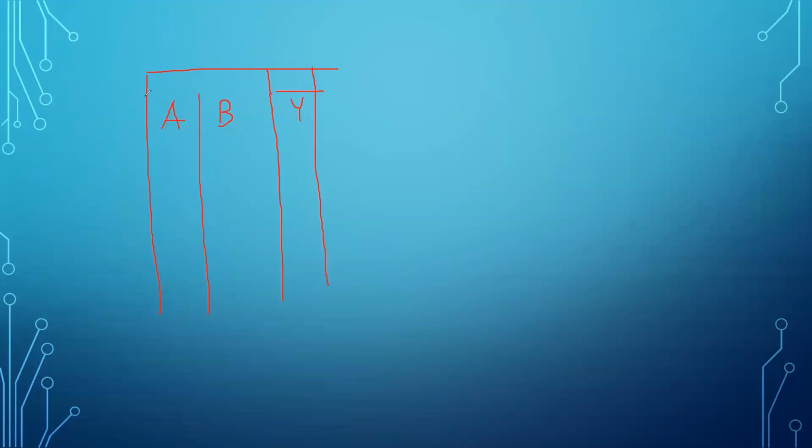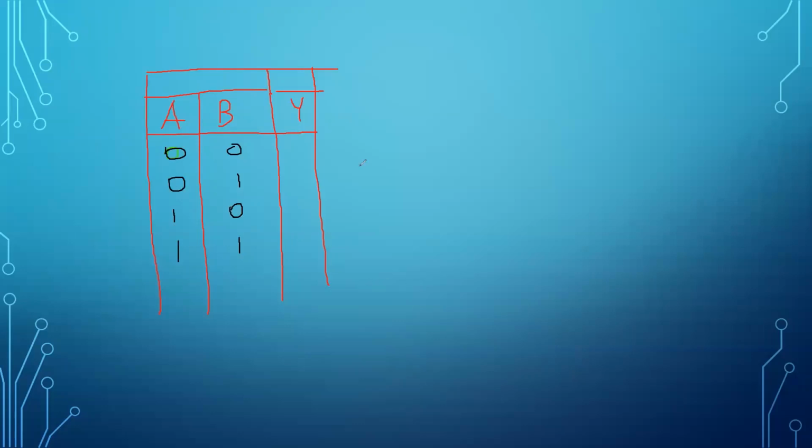So here we will have the combinations like 0 0, 0 1, 1 0, and 1 1. So these are the 4 combinations for the 2 input OR gate.